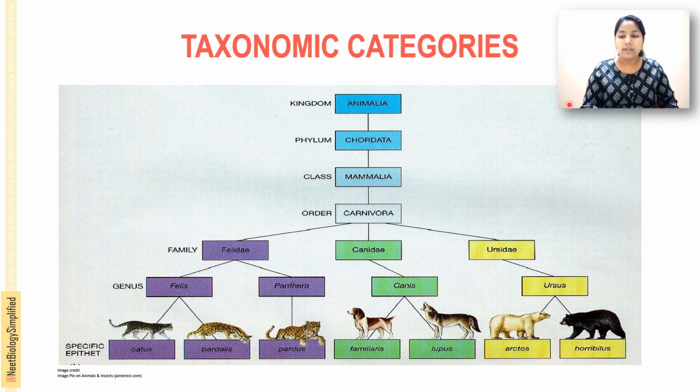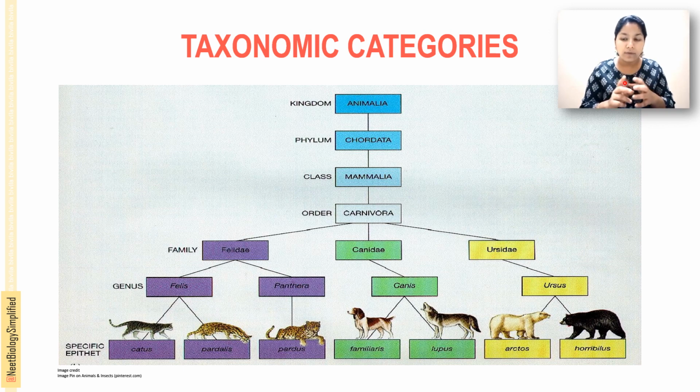So taxonomic categories, just recall what all you studied. A unit of classification is referred to as a taxon. Then taxonomic hierarchy, what is a taxonomic hierarchy?